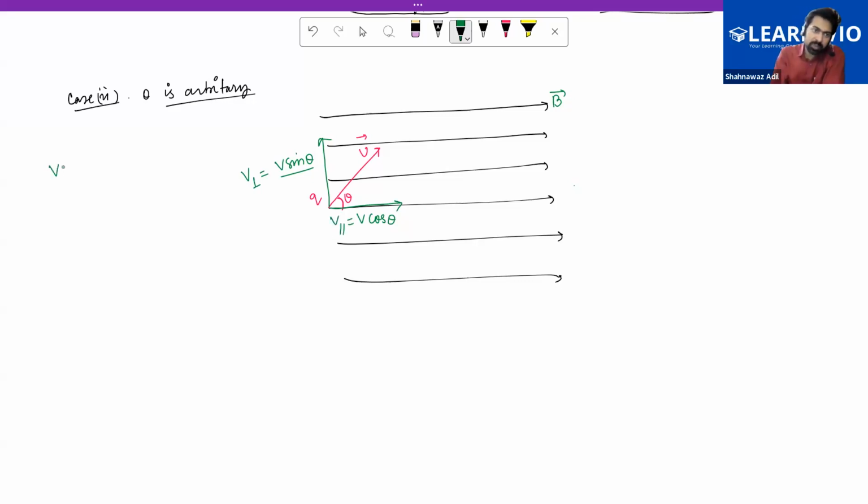So v perpendicular will provide the circular motion as we have seen earlier, and v parallel will provide the forward motion.